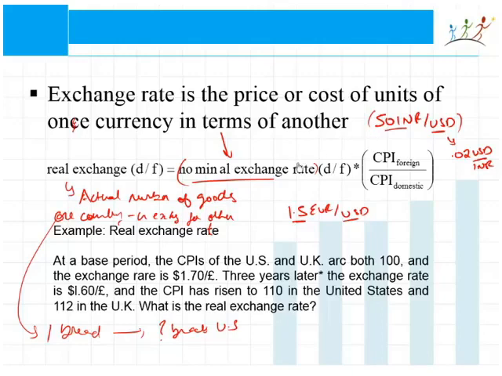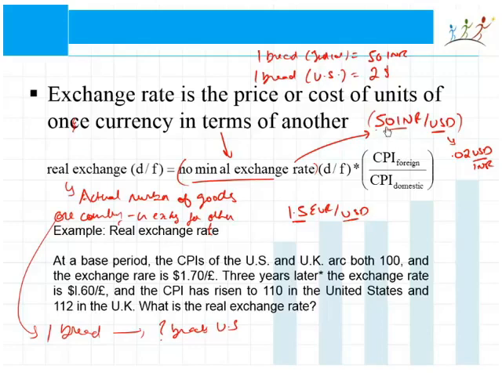Let's say the nominal exchange rate is 50 INR per USD and the price of one loaf of bread in India is equal to 50 INR. The price of an identical loaf of bread in the US, for instance, is equal to $2. So given a nominal exchange rate of 50 INR per USD, what is the real exchange rate?